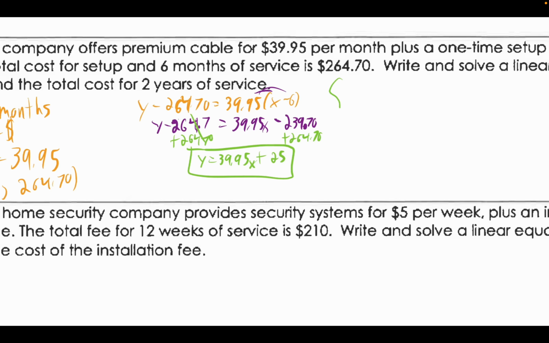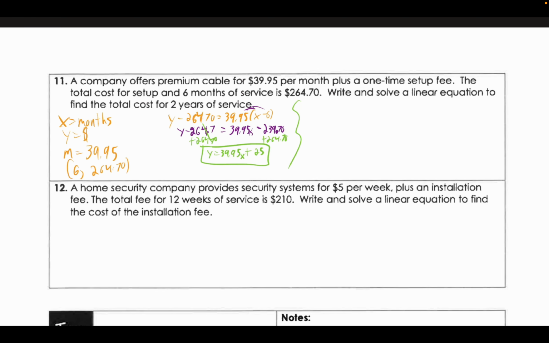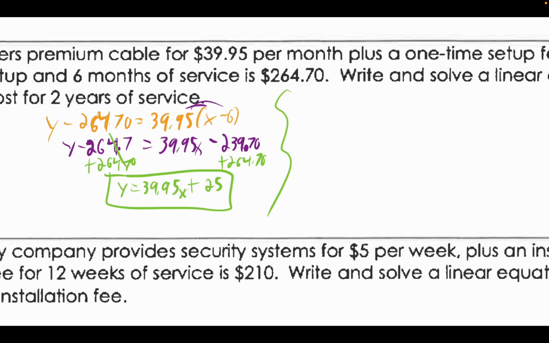Now we're going to go ahead and plug in our x value to write and solve a linear equation to find the total cost for 2 years of service. So if we're doing per month, 2 years is 24 months, 12 months in 1 year. And so that's y equals 39.95 times 24 plus 25.